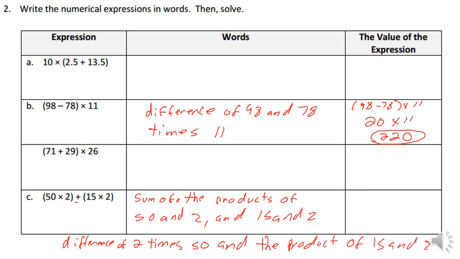As you can see, there's various ways to state it. Most of them are always going to be used in the math terms as far as the answer to the math operation. Now let's see what the value of the expression is. We have 50 times 2 plus 15 times 2. Well, 50 times 2 is 100, plus 15 times 2 is 30, so the value would be 130.